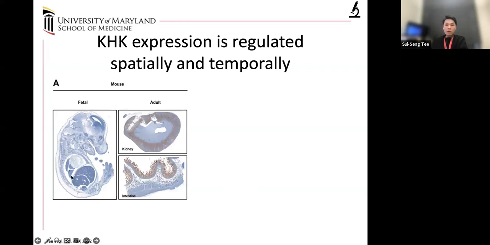This is a whole mount slice of an embryonic mouse, a fetal mouse, and as you can see, there is very little KHK. So it seems that the ability to break down fructose is switched on sometime after birth. A lot of this is localized to the adult kidney, the adult intestines, and of course the liver. So the conclusion here is that KHK is temporally and spatially controlled.